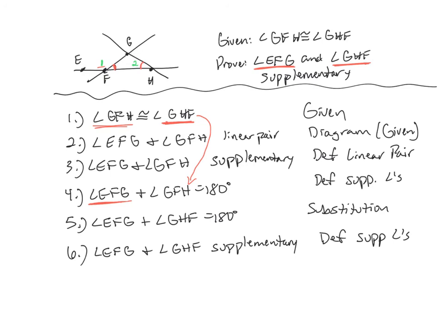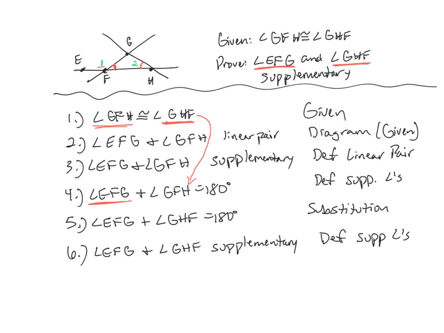So in your book, if you page back from the page where the problems are, you'll have the properties listed again: reflexive, symmetric, transitive. Some of the other ones aren't listed there, like substitution and things like that.